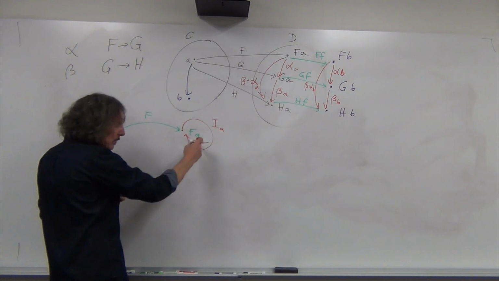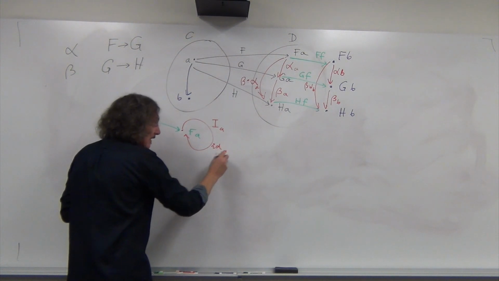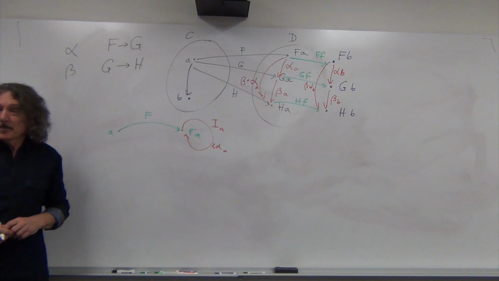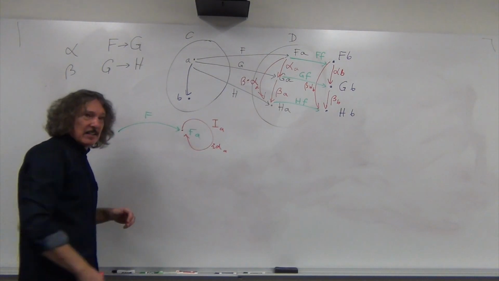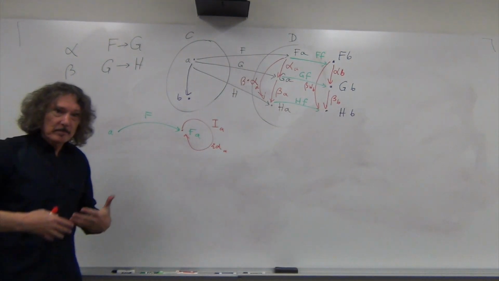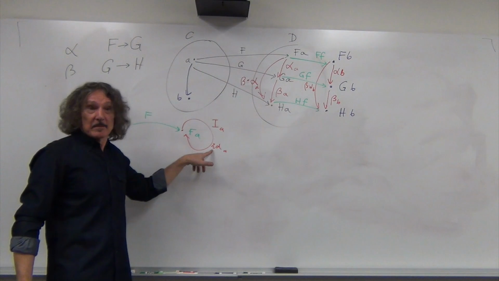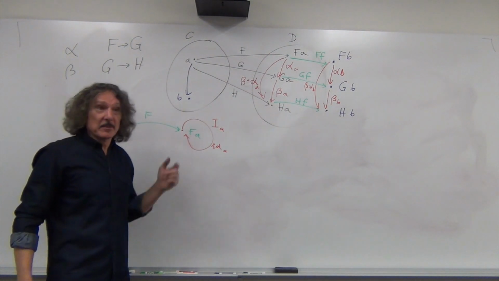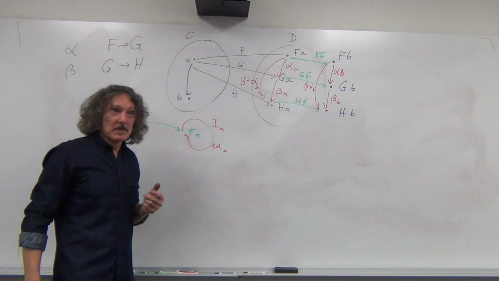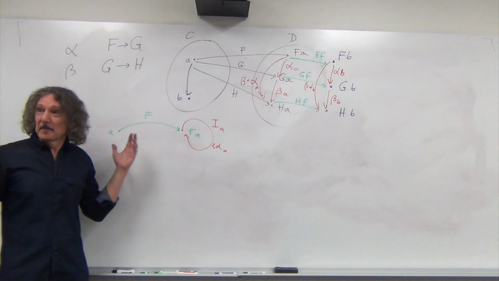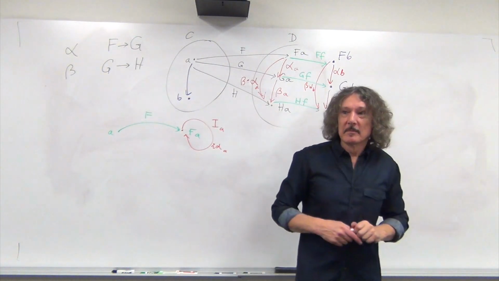So the only way to do this is if this morphism here is really an identity, right? So an identity natural transformation is just this family of identity morphisms from FA to FA, right? So for any functor F, we can build this identity morphism.